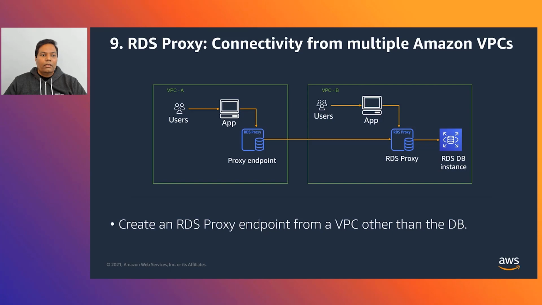Until now, your app in VPC A couldn't use the RDS Proxy endpoint in VPC B. But with the new launch, you can create an additional proxy endpoint in VPC A, which in turn connects to databases in the backend. So this is a pretty cool feature that is available now.